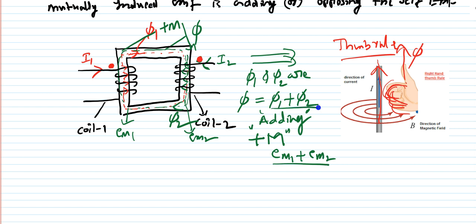Because these fluxes are adding to each other, and therefore this mutual induced EMF is also adding. So if you have understood the dots placed here and here, then these two fluxes are adding, so the mutual induced EMF also adds to the self-induced EMF. So that is the concept here.